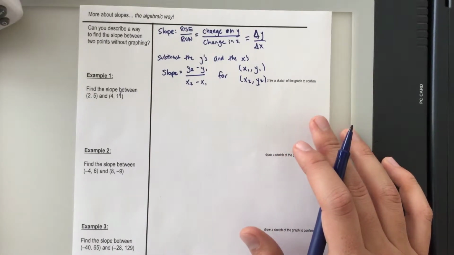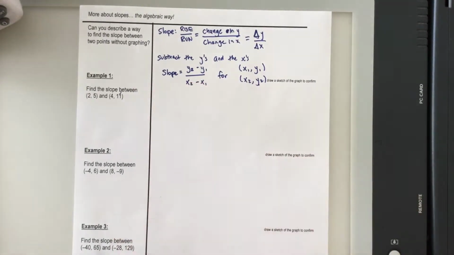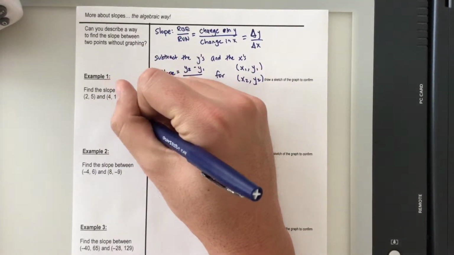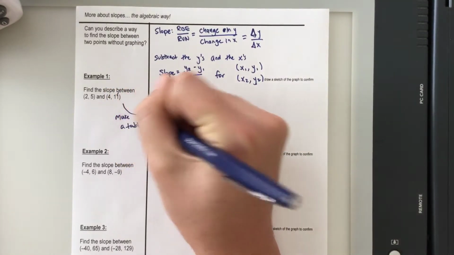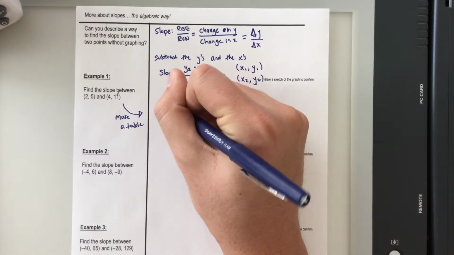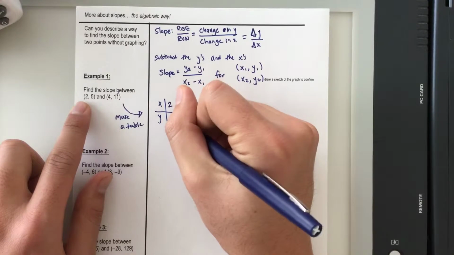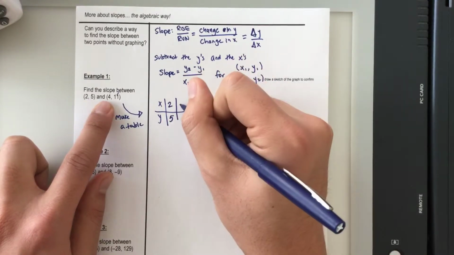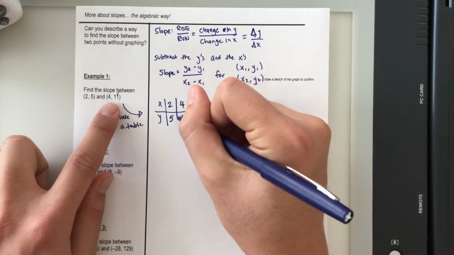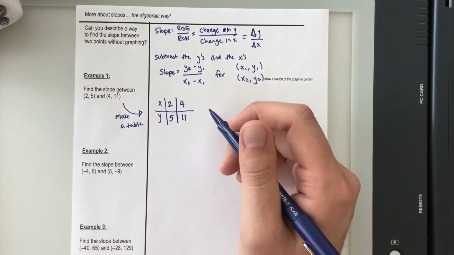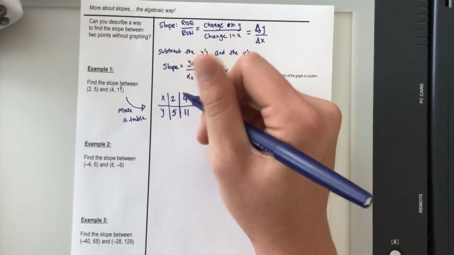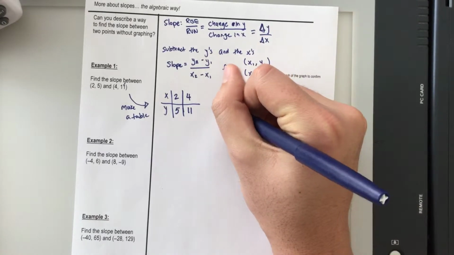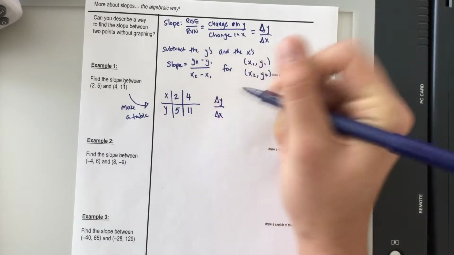So here is our first example. Find the slope between (2, 5) and (4, 11). The first thing we can do if we have 2 points is create a table. So our x and our y: our x value is 2, our y value is 5. The next one is our x value is 4 and our y value is 11. We've had tables like this before, and to find how it's changing, we could find the change in y over the change in x. That's our slope.